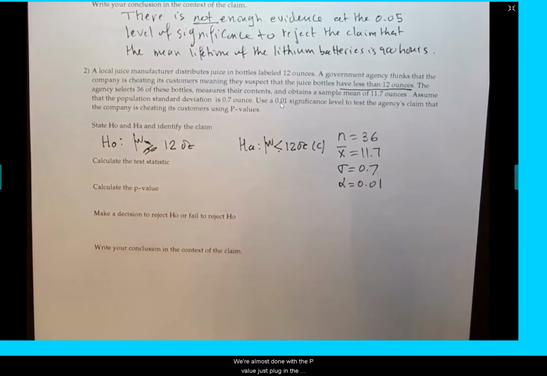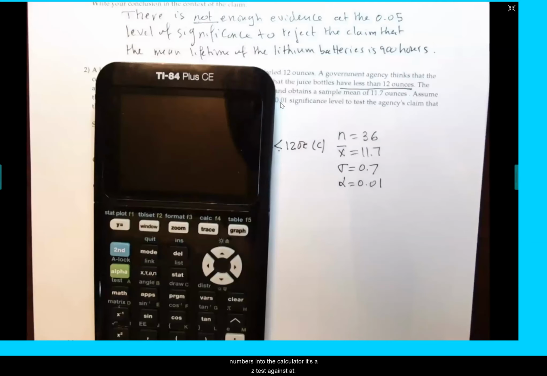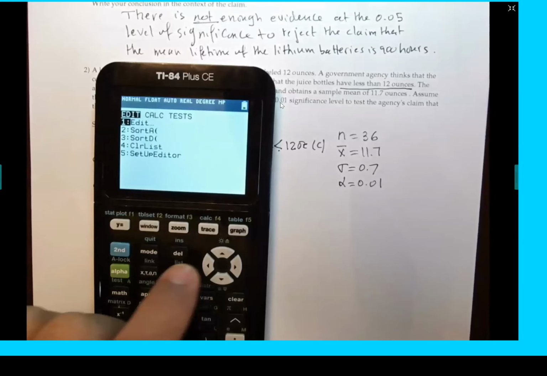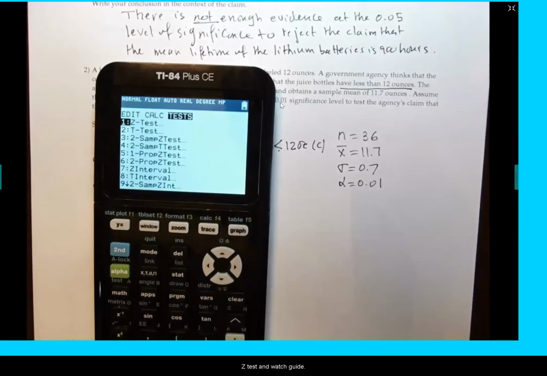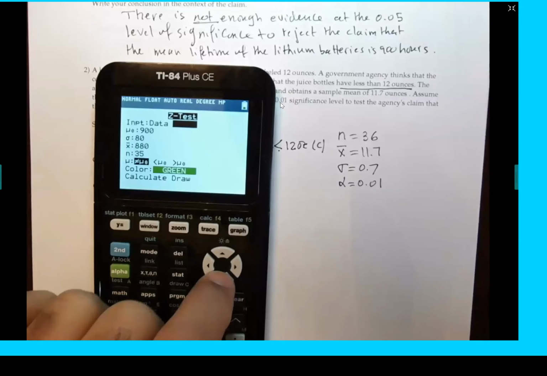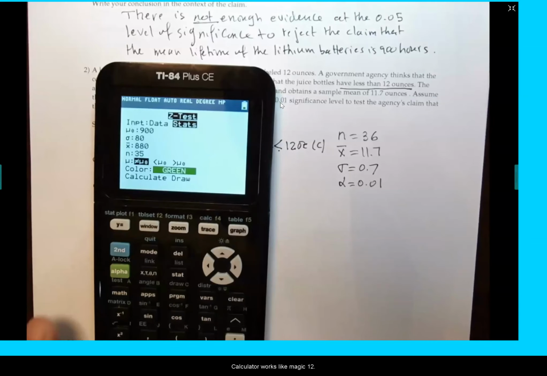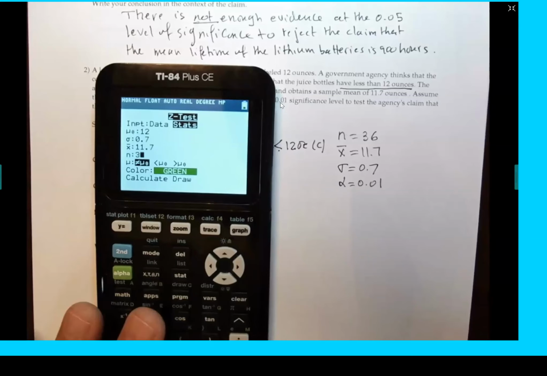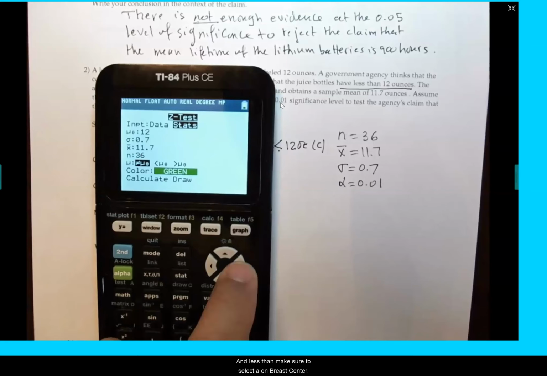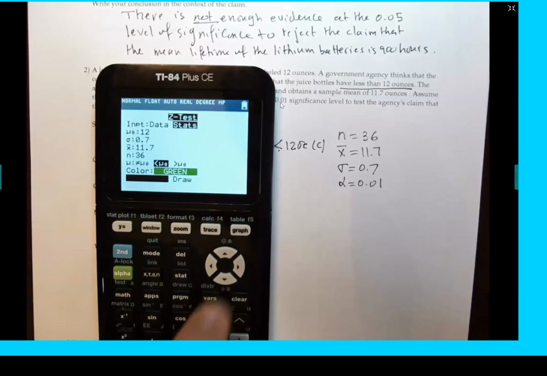Okay. We're almost done with the p-value. Just plug in the numbers into the calculator. It's a z-test again. Stat, tests, Z-test, and watch, guys. Calculator works like magic. 12, sigma is 0.7, x bar is 11.7, n is 36, and less than, make sure to select it, press enter and hit calculate.